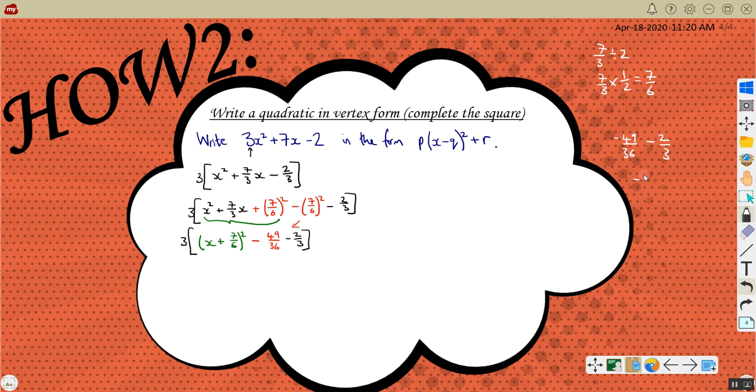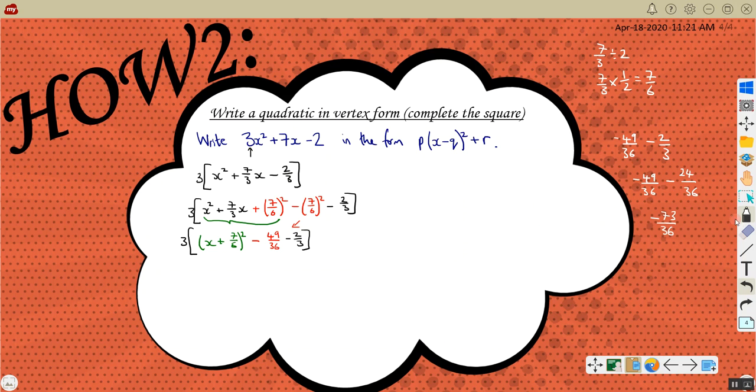Going back to our how-to on fractions, we need a common denominator. Our common denominator is going to be 36. 3 times what is 36? 3 times 12. So 2 times 12 is 24. And subtracting these, I get 73 over 36.